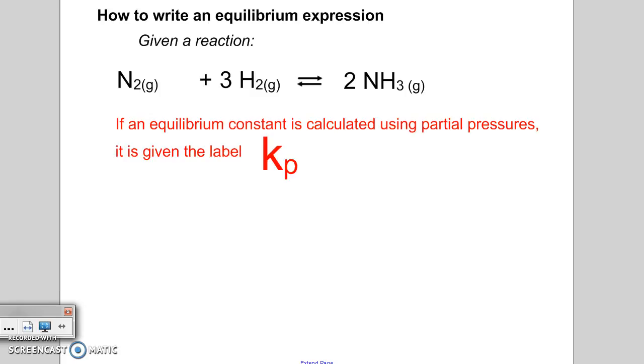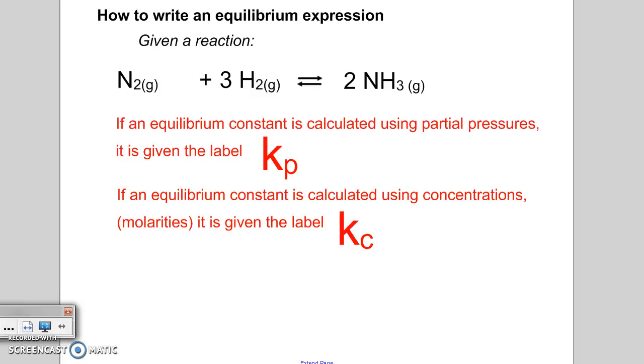So we have these gases. We've been talking about concentrations, but we could just as easily measure their partial pressures and plug those into the formula to get our K. If we use partial pressures of ammonia, hydrogen, and nitrogen to generate our equilibrium constant, then it would be labeled Kp, the P being for pressure.